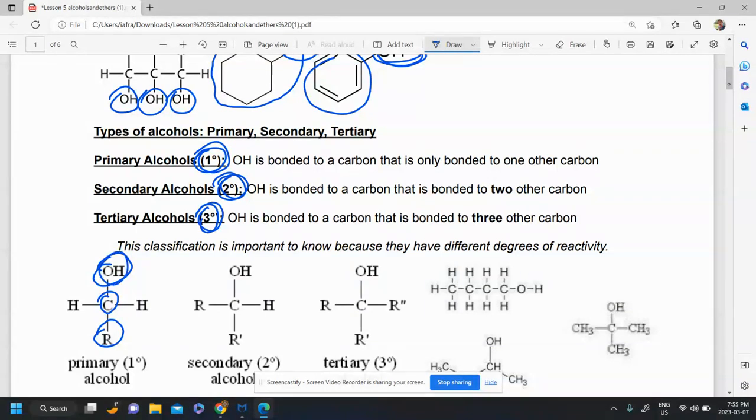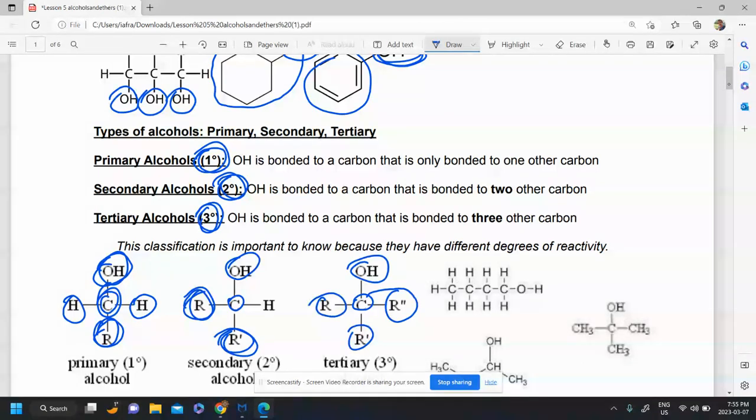So you can see here's the OH, here's the carbon, and here's the carbon chain. On the other sides, there's only H and H. Secondary alcohol is where you have an OH bonded to a carbon that's bonded to two other carbons. So these R's represent other carbon chains. And a tertiary alcohol is where you have an OH bonded to a carbon that's attached to three other carbons.